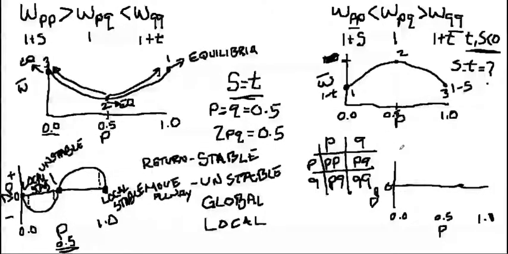Well, remember over here we had a smiley face for homozygote advantage. When we had heterozygote advantage over here, we had a frowny face. So it's the exact opposite pattern. So you should probably be able to guess that we have an equilibrium point here. We have an equilibrium point here. And we have an equilibrium point here.